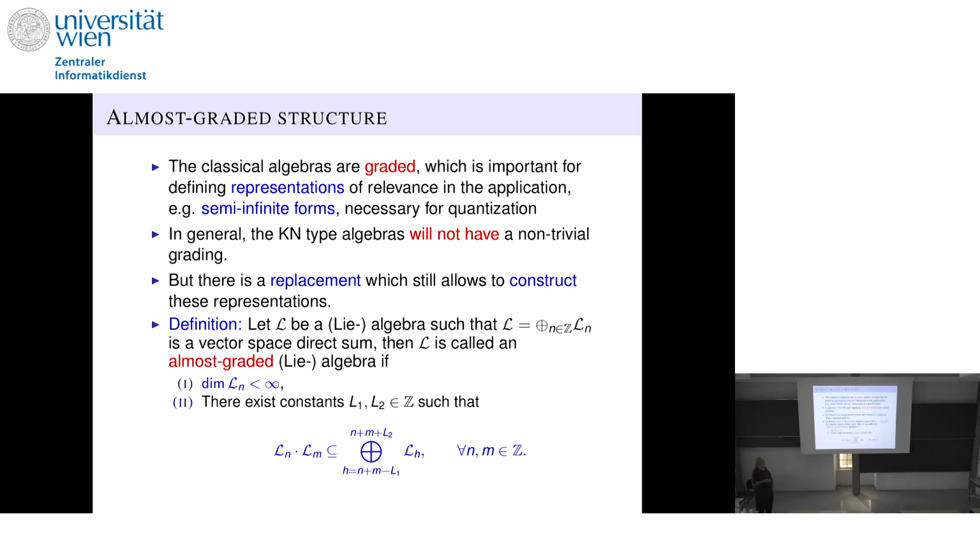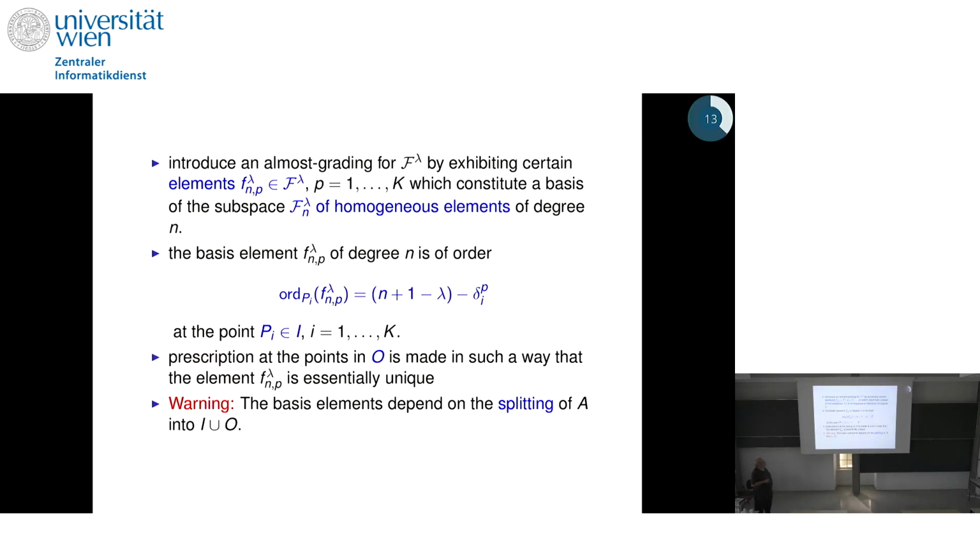Okay, good. This is the almost graded structure here. To keep in mind, it is just nearly graded. This is the reason that I call it almost graded, nearly graded, but it just deviates a little bit below and maybe above.